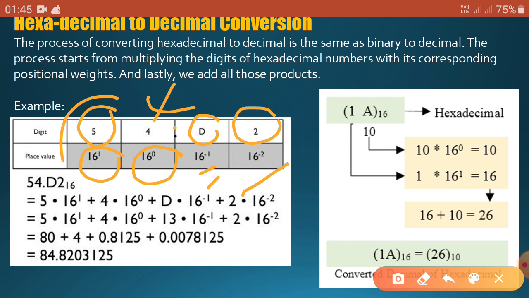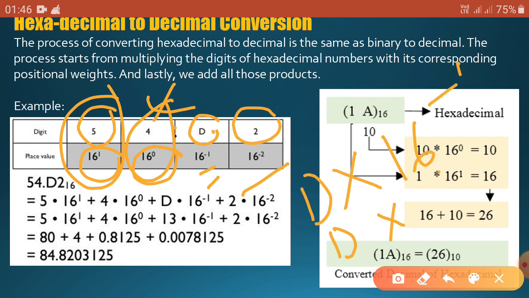So we have to multiply 5 into 16 to the power 1, that is 80. 4 into 16 to the power 0, that means 4, because 16 to the power 0 means 1, so 1 into 4 is 4. Then D into 16 inverse means D into 1 by 16. D is 13 in the hexadecimal number system.